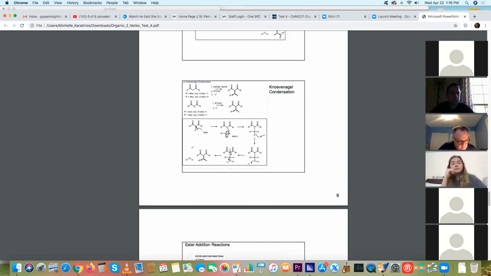That's where the basicness of the mechanism comes into play. Is that okay, Coley? Yes, so these are really basic conditions for this reaction to occur. Yes. But because the hydrogen's so easily removed, you're saying that that's kind of making that hydrogen acidic. Yes, that's right. Well, more acidic than the other one.